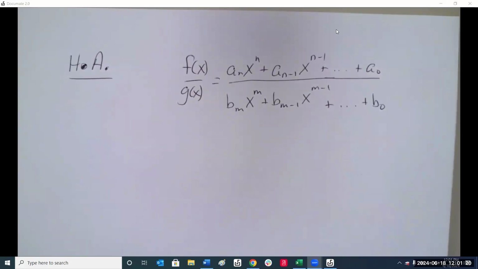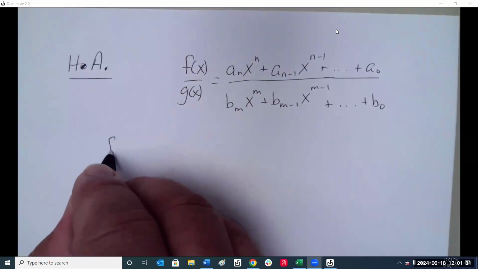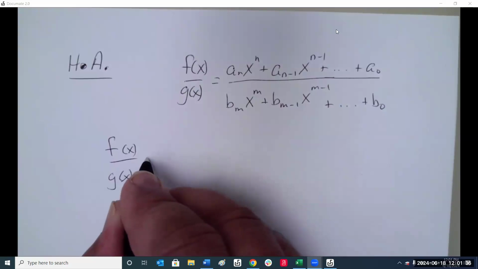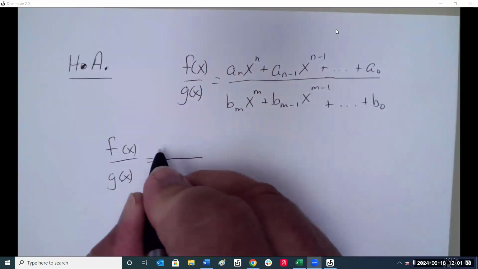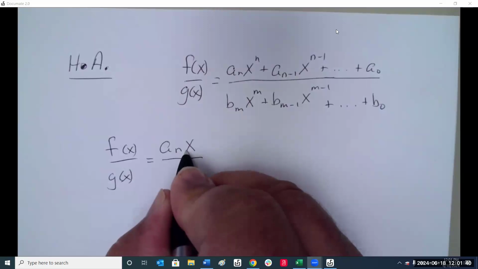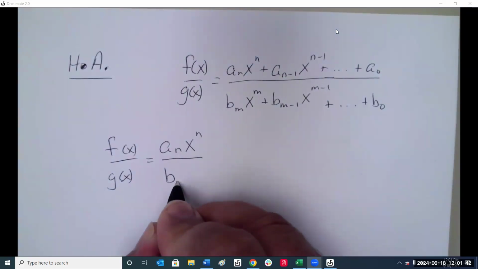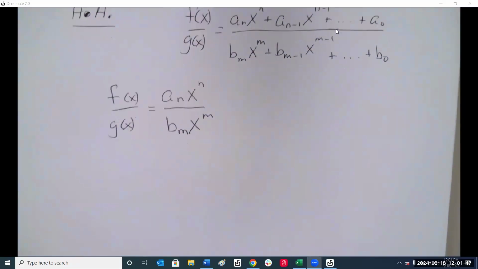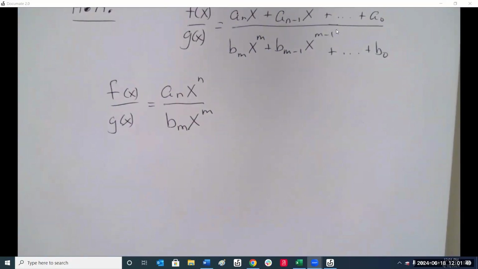What matters whenever you deal with polynomials, the leading term is what dictates the shape of that curve. So the only part of this rational polynomial that we're dealing with is the leading term. Three things can occur.